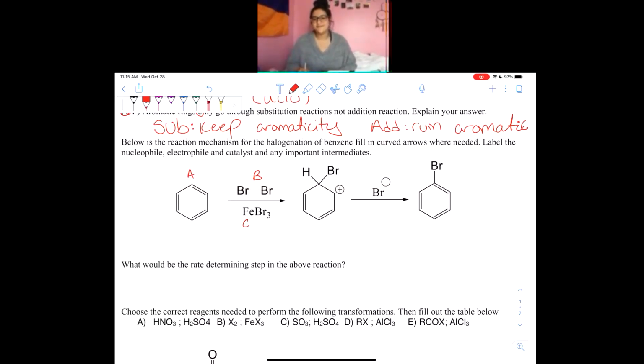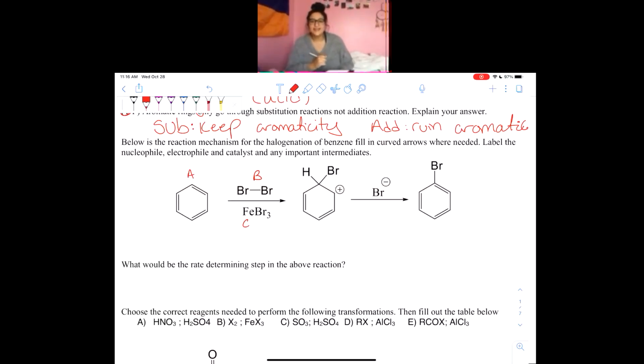Anyways, so between A, B, and C, which one of these do you think is the nucleophile? Yay!